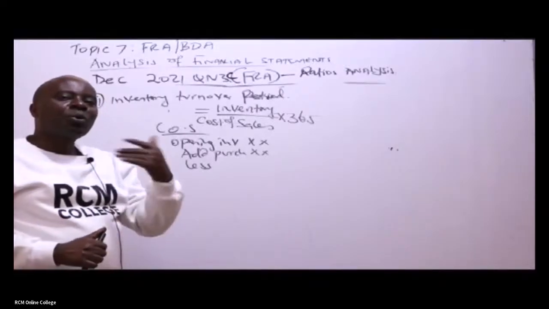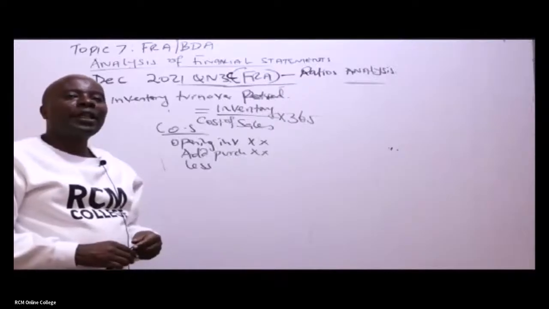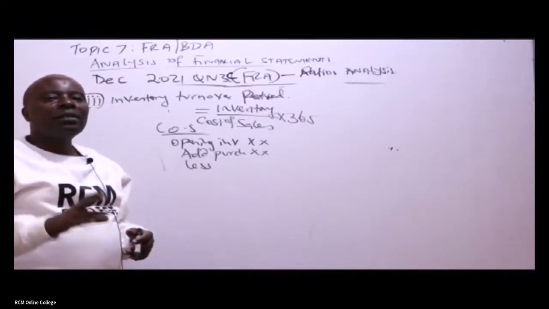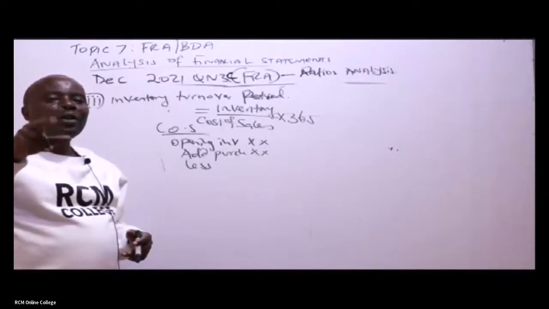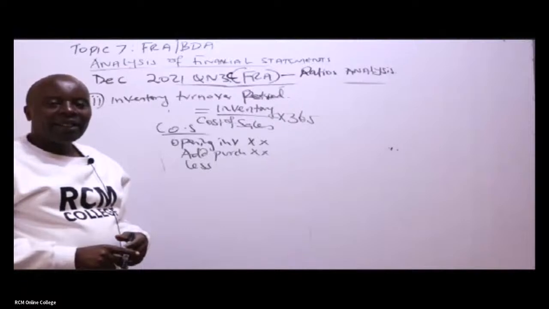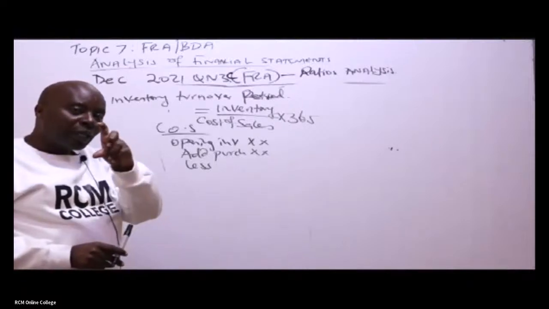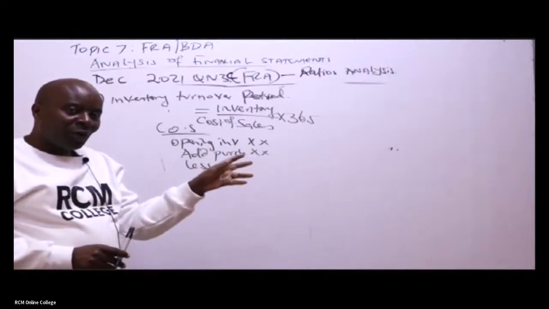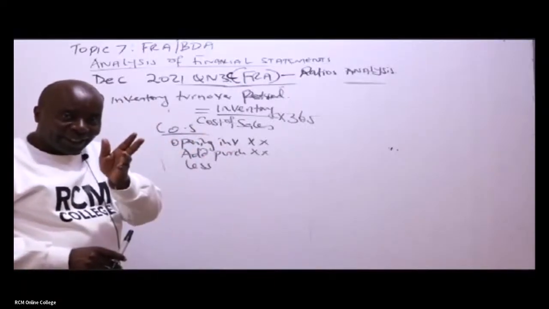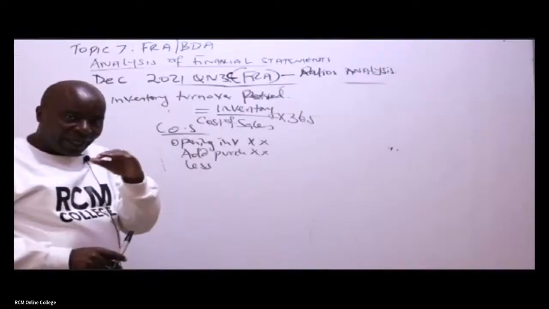As you progress, you reach a level where they are telling you, calculate for us the inventory turnover period for 2021. In that case, I will be able to look at what we call average: the opening inventory and the closing, then we add the two and divide by 2.